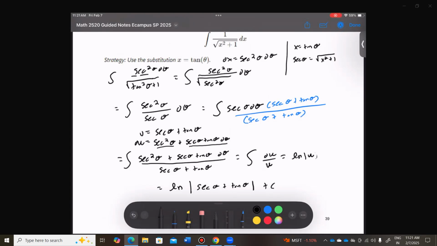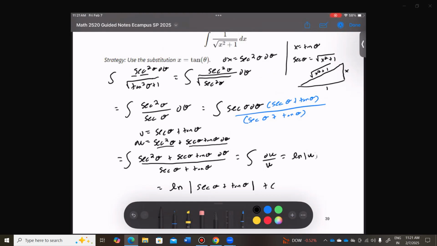And we can get that from a triangle here. Whereas this is going to be x, this is going to be 1. So this is the square root of x squared plus 1.